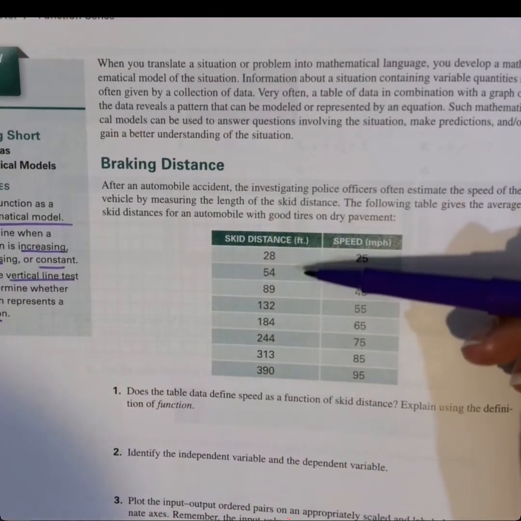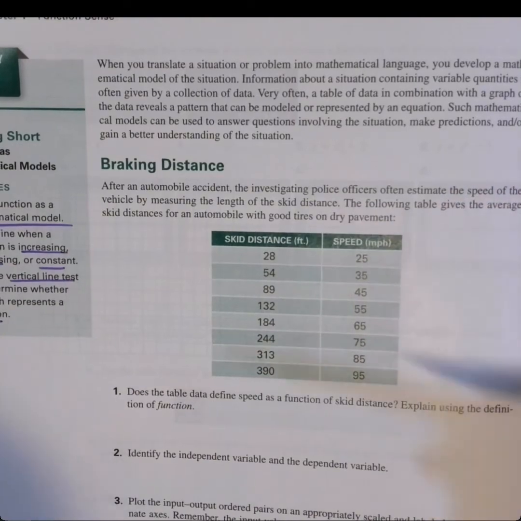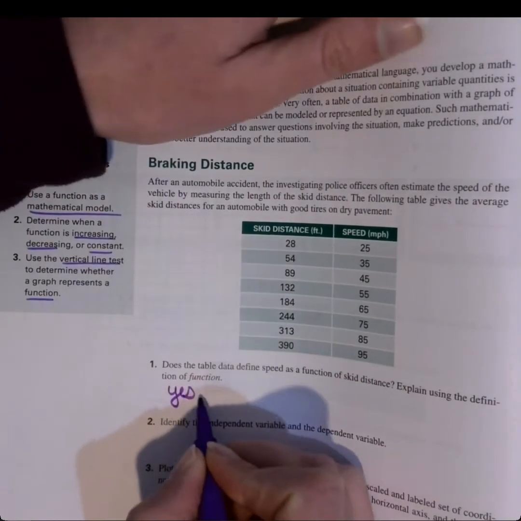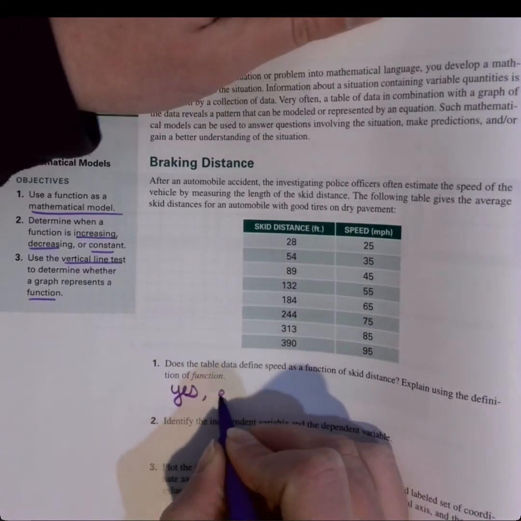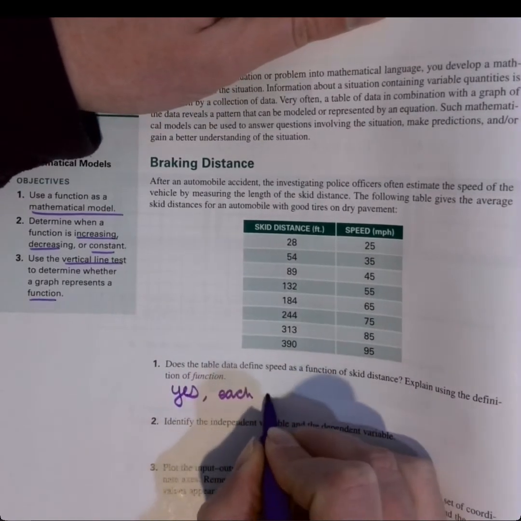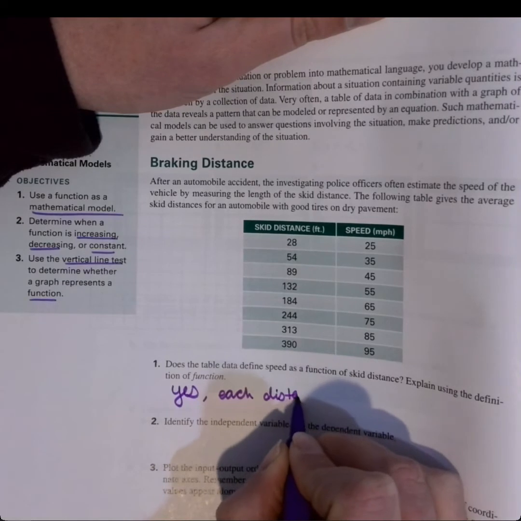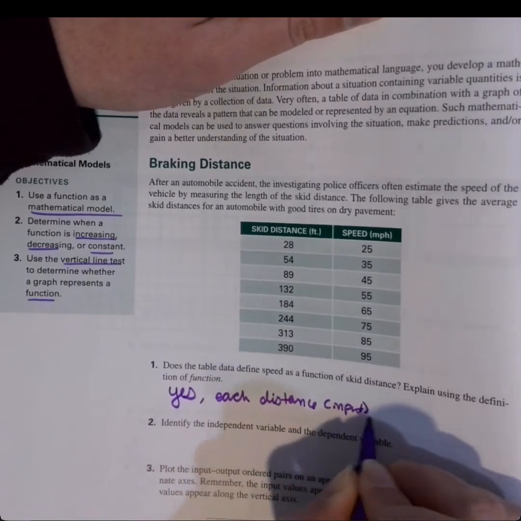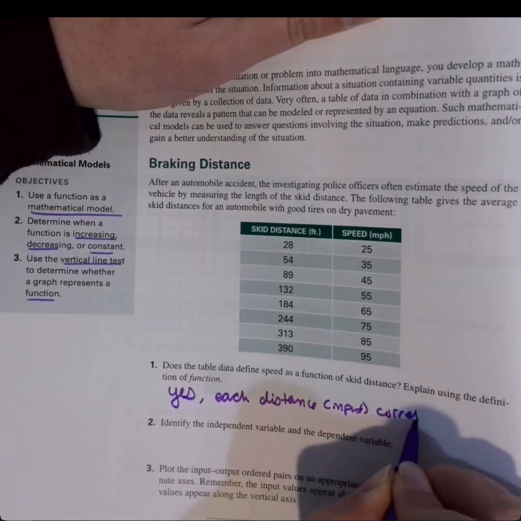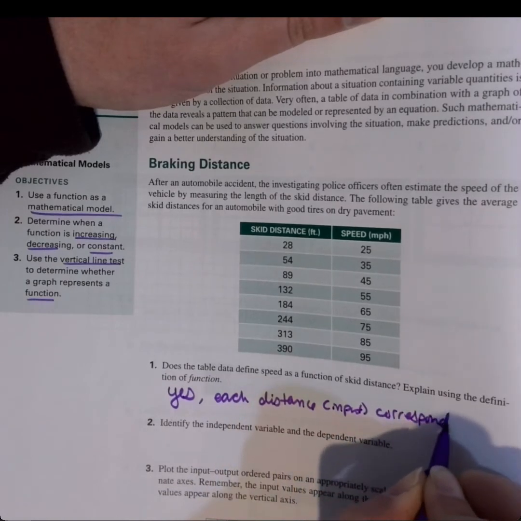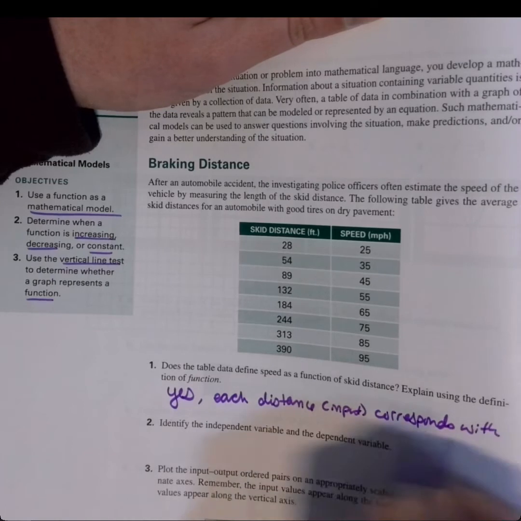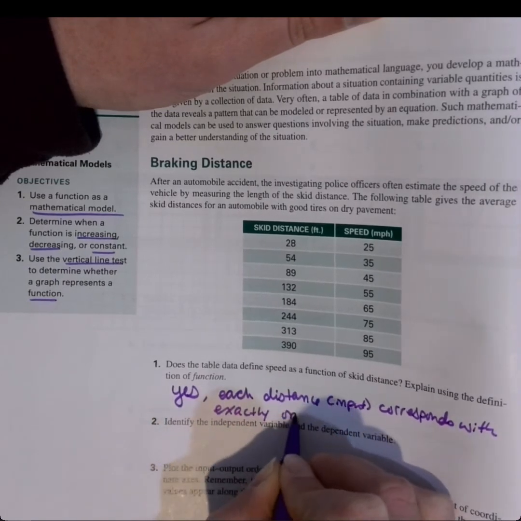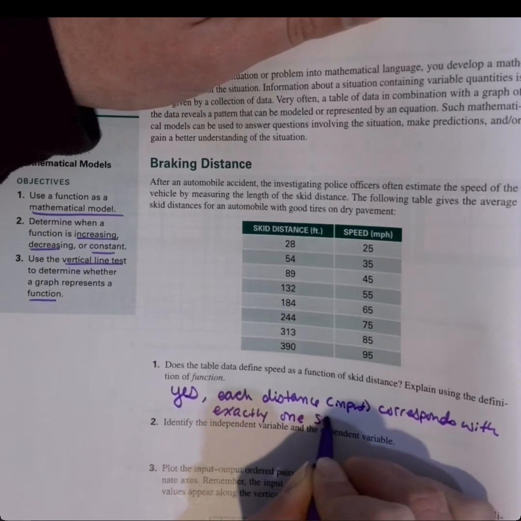There are no values in our input column that are repeated, so we can answer yes here because each input, each skid distance, which is our input, corresponds with exactly one output, with exactly one speed, which is the output.